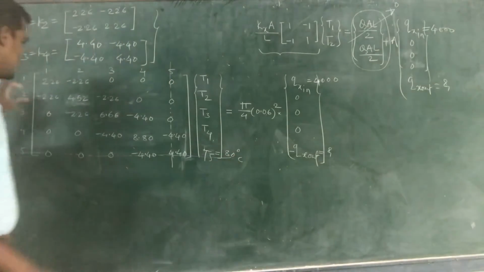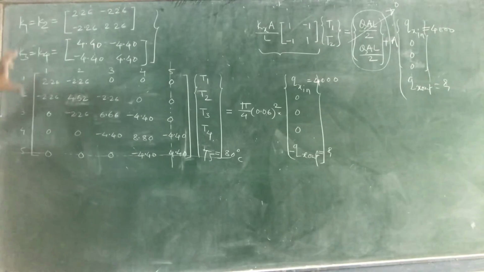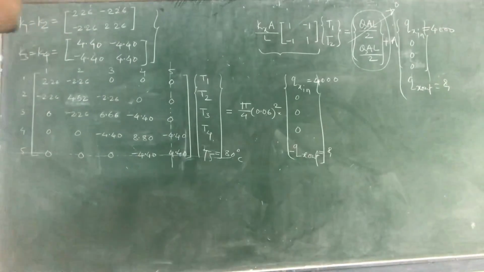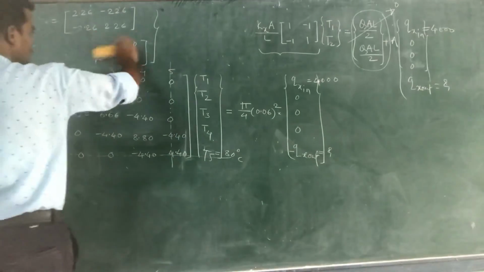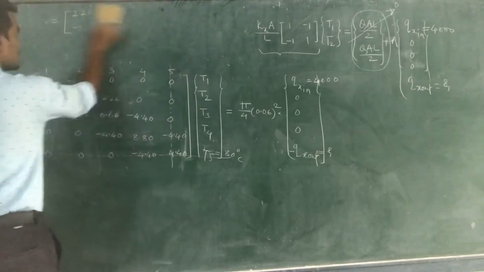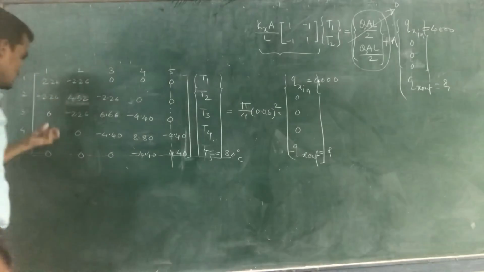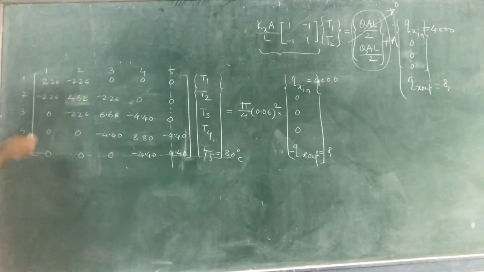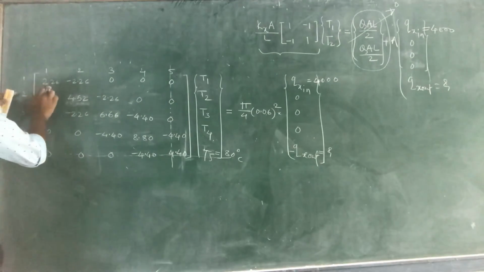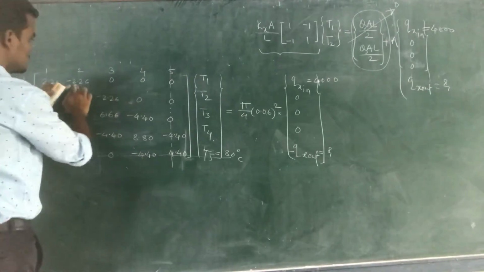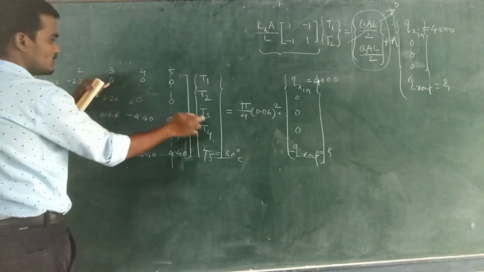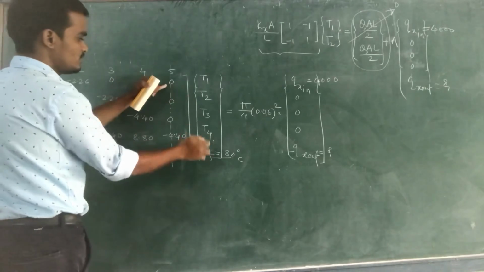Okay, so if we write these 4 equations in equation format after elimination of the fifth row and fifth column, these 4 equations will become 2.26 into T1 minus 2.26 into T2, 0 into T3, 0 into T4, 0 into T5.